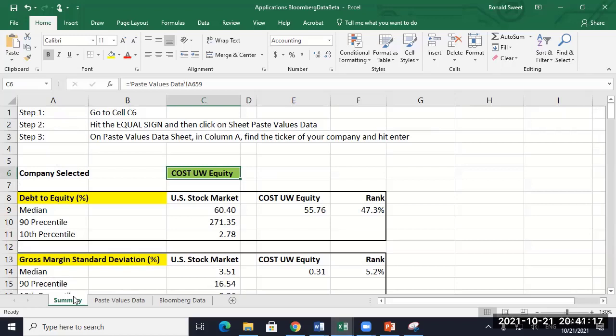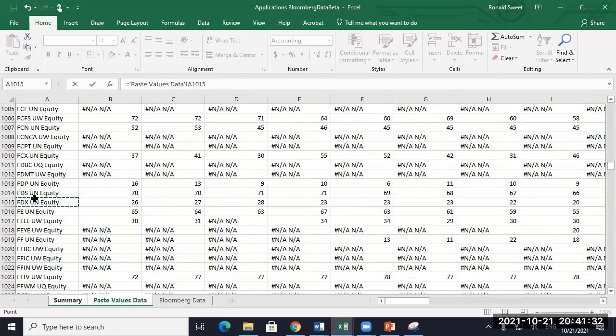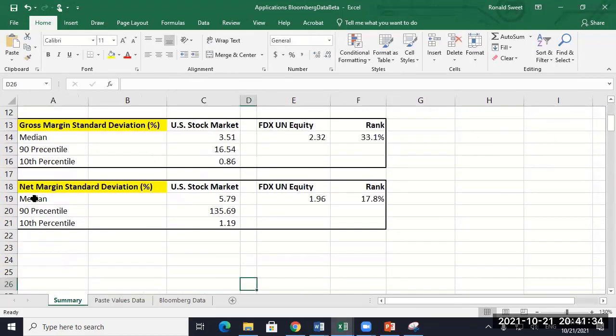They have some variable costs related to fuel, but whether fuel prices are going up or down, they're still going to have to deliver, though they increase their prices when fuel prices go up, and those kinds of things you're looking at. So if you bring FedEx in, they're actually more stable than I would think. And you see that a lot, where firms are just a lot more stable than you would think, with pretty stable margins on the net and on the gross basis.